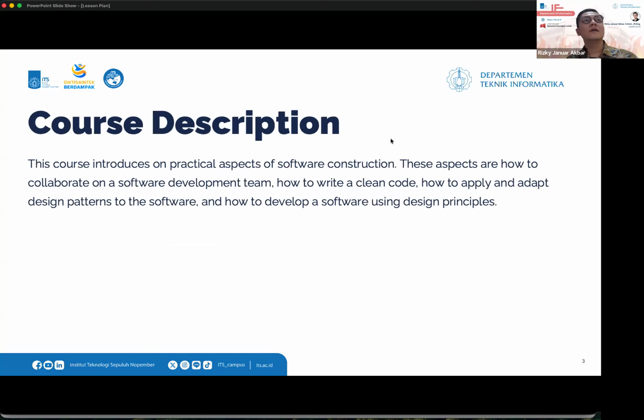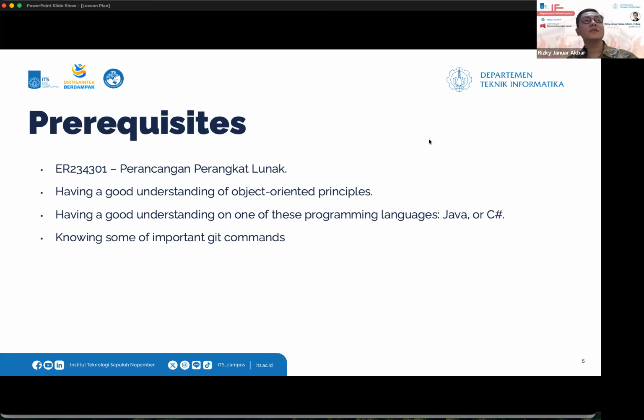Okay. The prerequisite is software design. Have you taken this course, for students from the software engineering bachelor program? Yes, when? Last semester. Okay, so what material was taught?